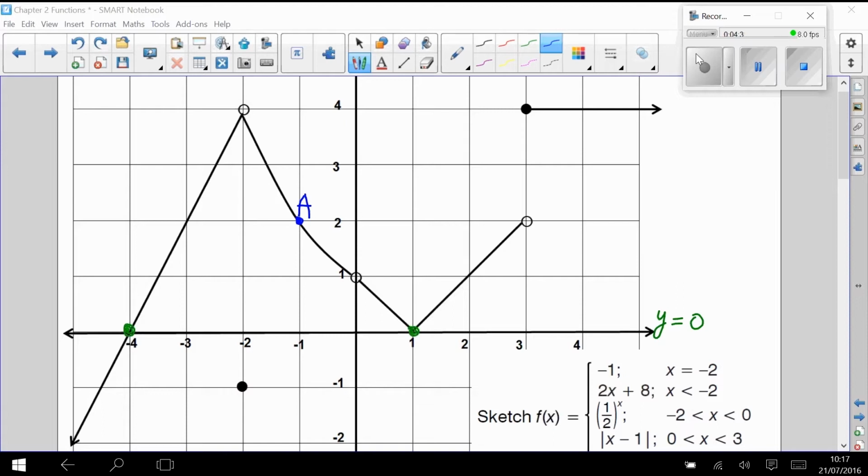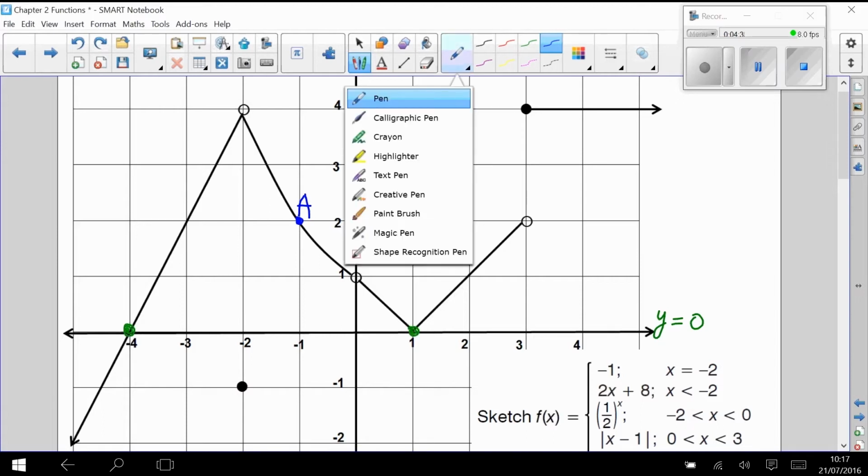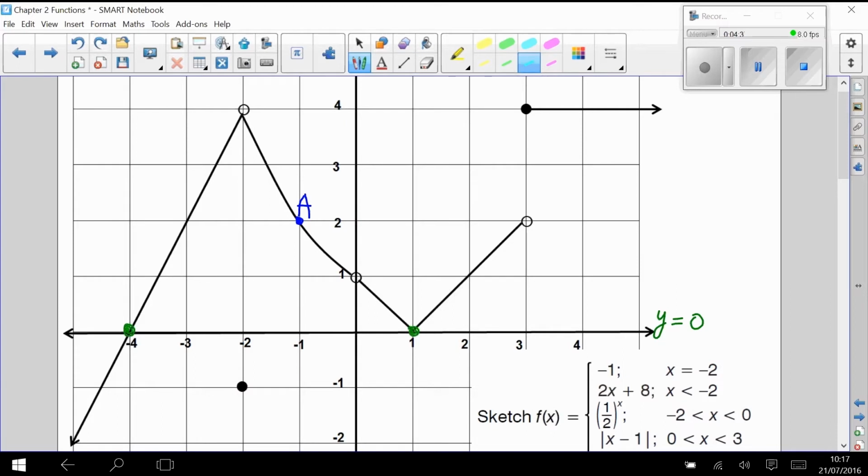Can you see that as I trace my finger along the curve, and I'm going to do this with a highlighter pen, from the left, my finger would have traced along here. From the right, my finger would have traced along here. So you can see that the value that I am tending towards is when y is 4. But what is the actual value of f at minus 2? The answer is minus 1.